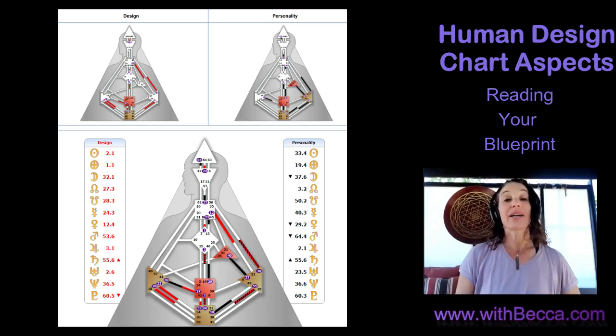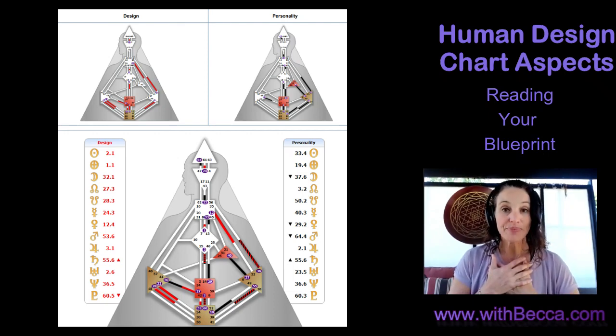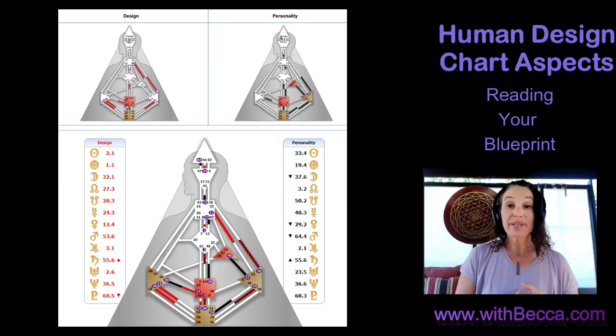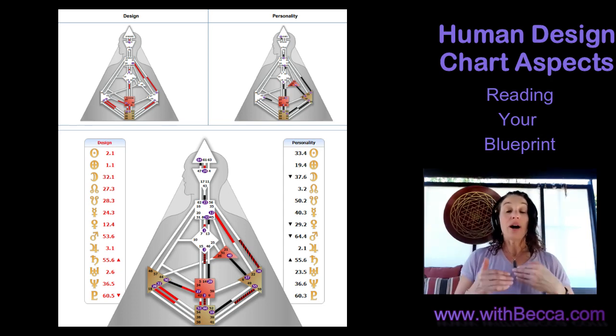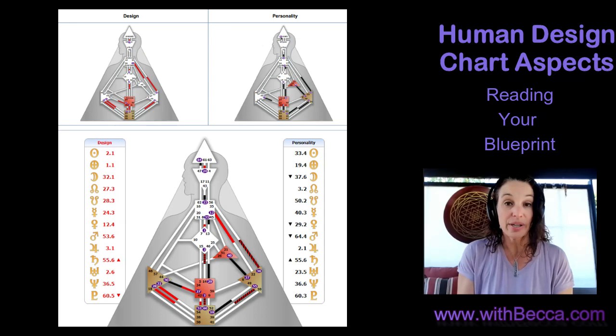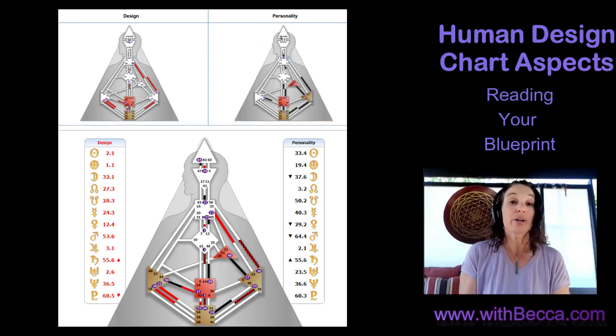Within the design side, it holds not only how we take care of our body, our purpose in life, our karma, our dharma, our core wound, our beautiful stamp or signature that we're here to live upon the earth. We might call this our legacy that we are here to leave.